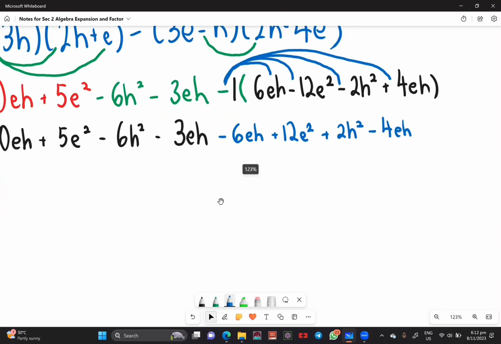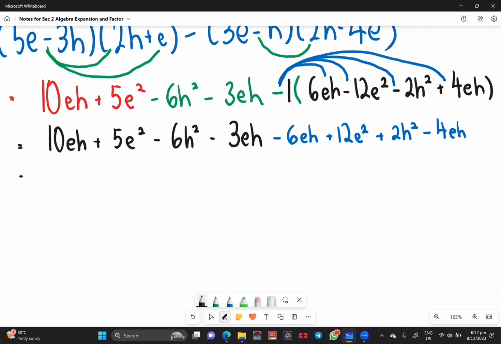Now, after this, what you want to do is what we call same family, sit together. So let's start with 10eh first. Gather all of the eh terms. Do I have more eh? I have one over here, right? So I bring negative 3eh together. I have negative 6eh. Okay, gather them together. Same family, sit together.